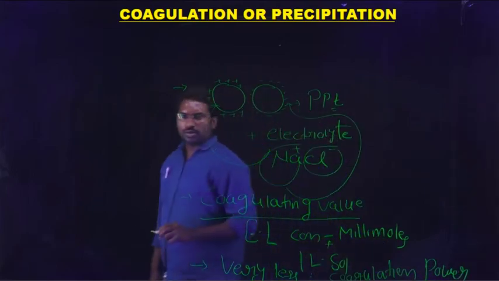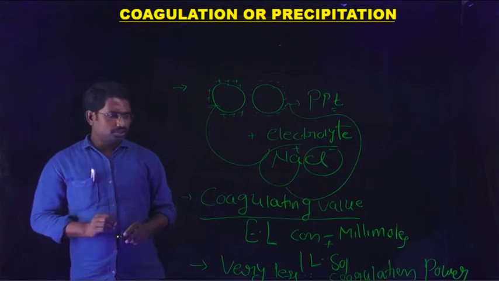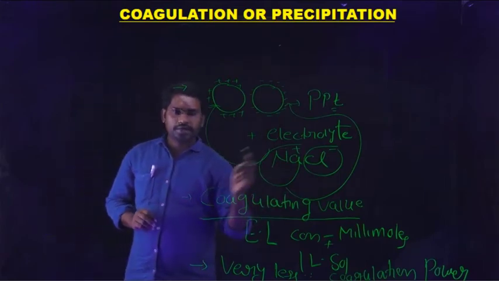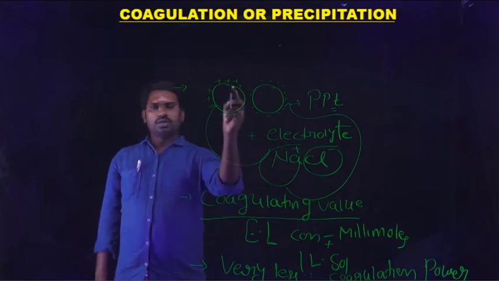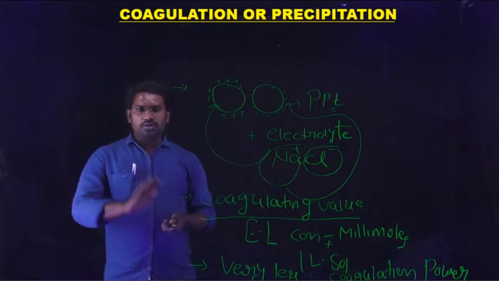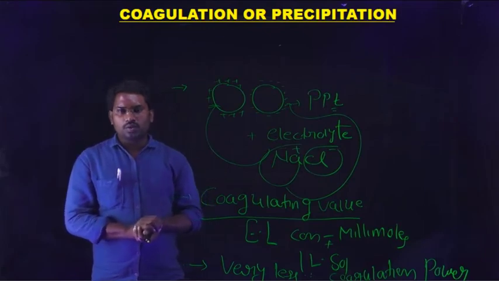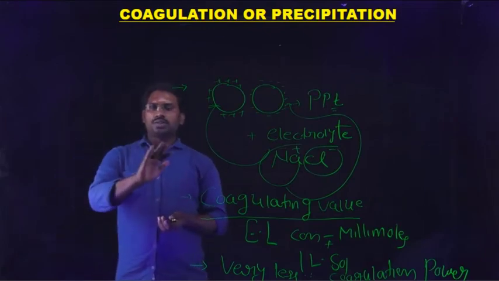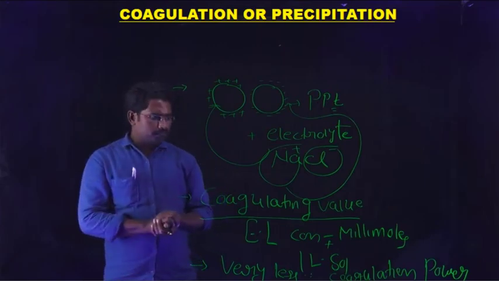So this is what coagulation or flocculation or precipitation is, and what the coagulating value is. When electrolyte is added to the given colloidal solution, the opposite charges undergo neutralization. The total colloidal solution comes down as a precipitate, simply known as coagulation or flocculation.